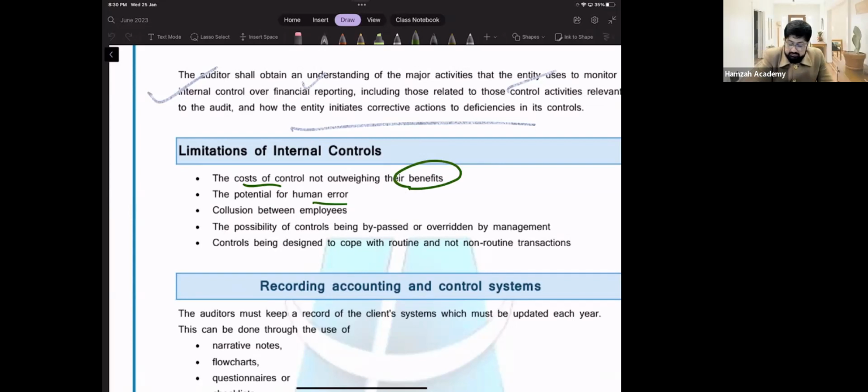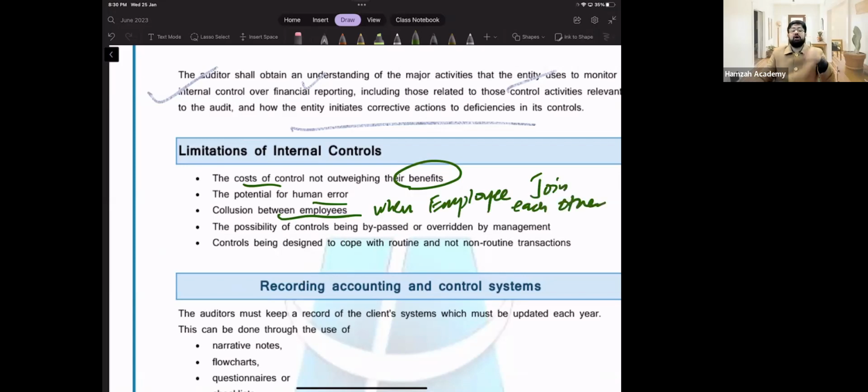Now, next. Collusion between employees. What is collusion? Collusion means when employees join each other for fraud.